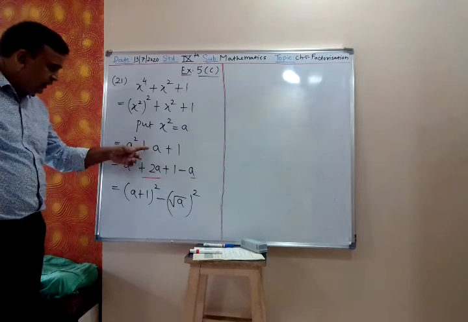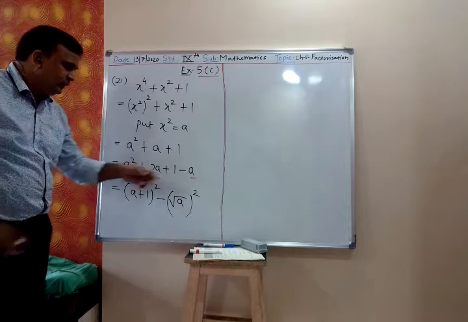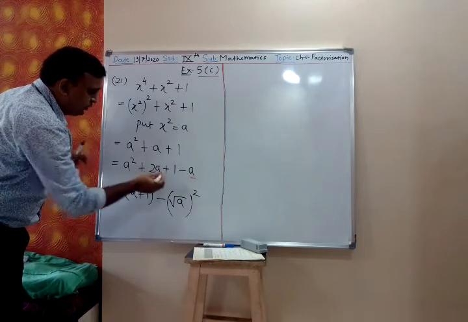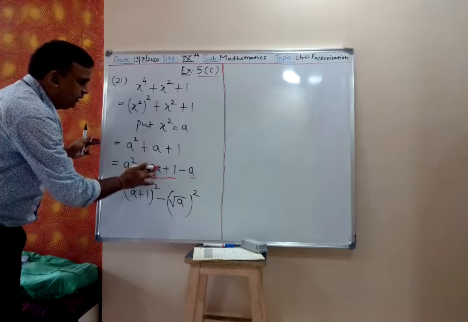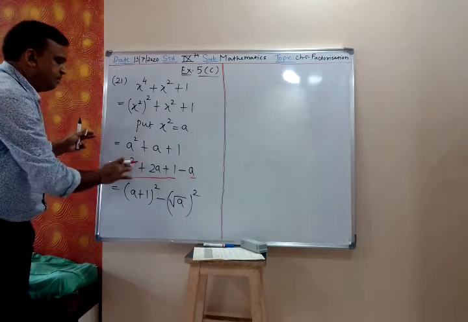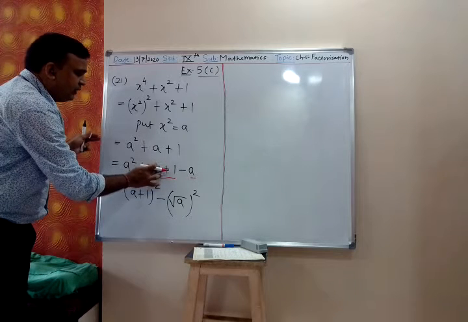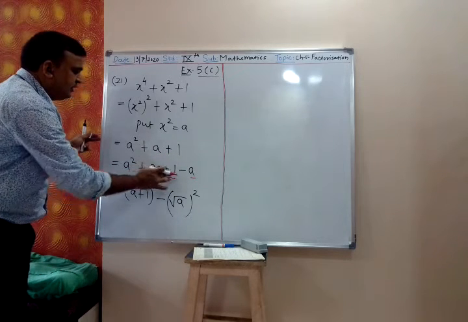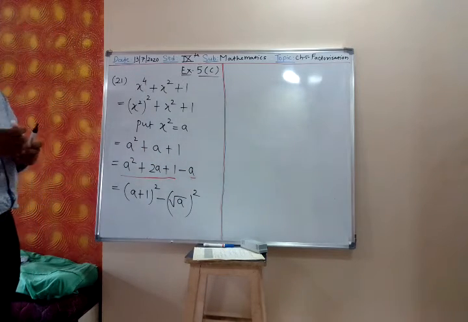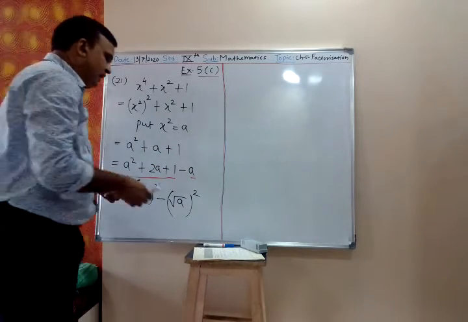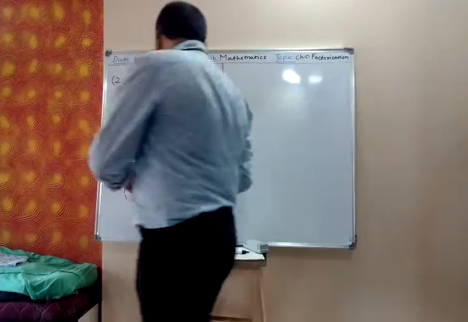When you take these three terms together, this becomes a square plus 2ab plus b square. A square plus 2ab, b is my 1. 2a1 plus 1 square. This is nothing but a plus b whole square. And this a I can write as root a square.